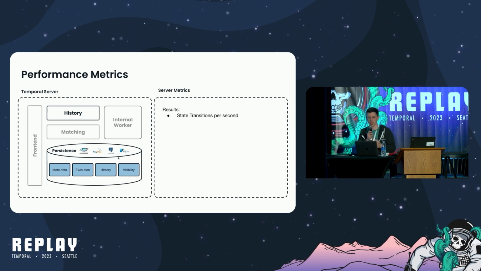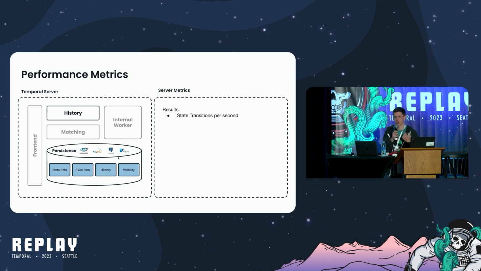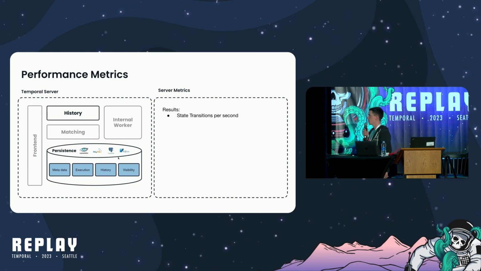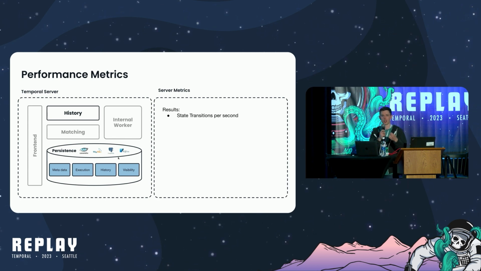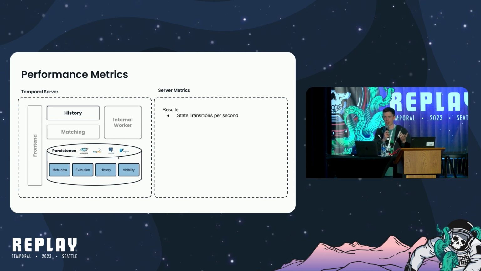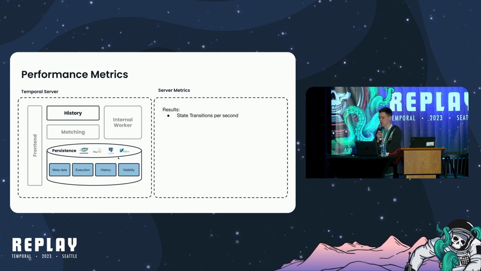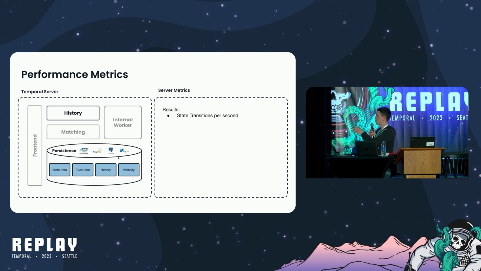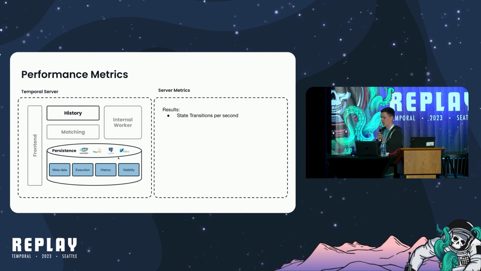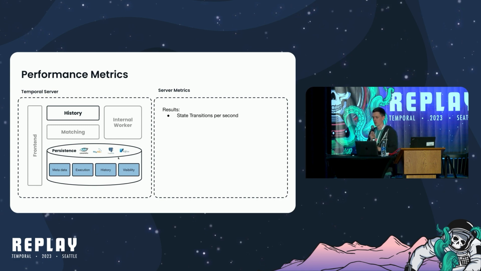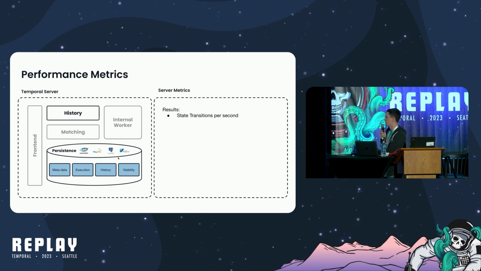State transitions is a measure of how much work Temporal is doing to give you the value that we give you. So all of the durable execution stuff is underpinned by the fact that we're recording stuff to disk, and state transitions is a metric which is emitted every time we persist something to disk. So it comes from the history service, and this is what you'd use if you're trying to push a Temporal cluster in a really evil way to see how much it can cope with.